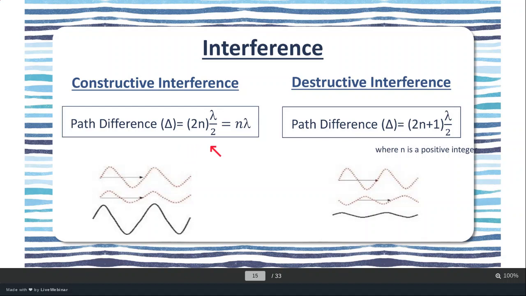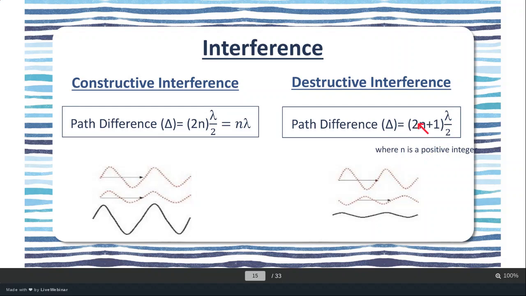So we notice that the waves which are integral multiples, n lambda, lambda, 2 lambda, 3 lambda, when these types of waves superimpose with each other, we will see constructive interference. But as we start plugging in values here, let's put n equal to 0. So we have 2 times 0 plus 1 into lambda by 2, so we have lambda by 2.